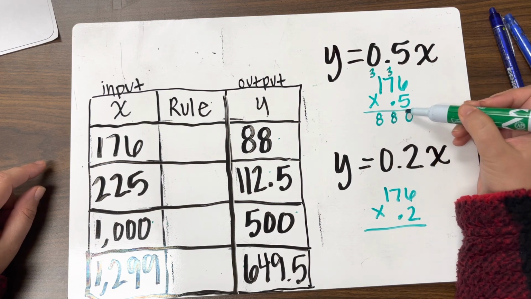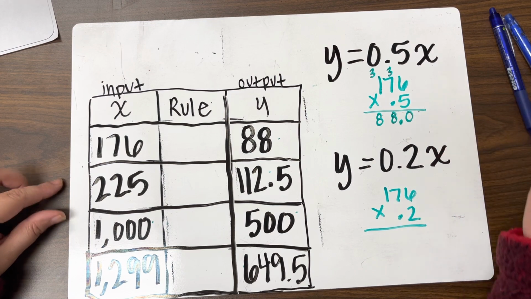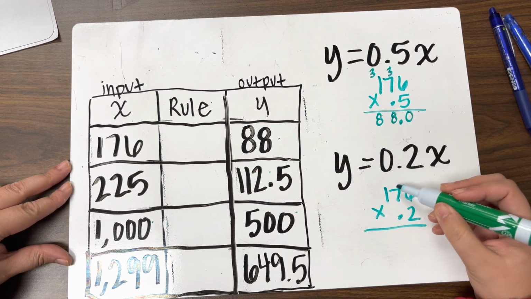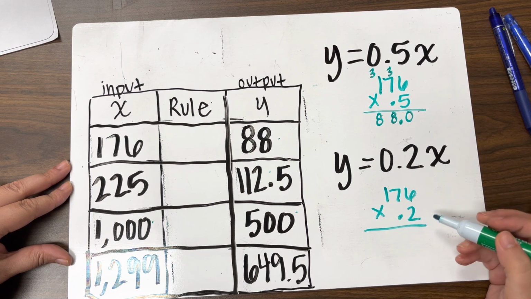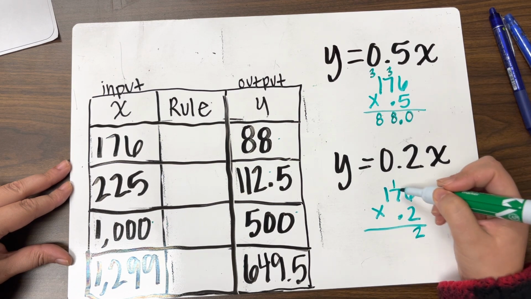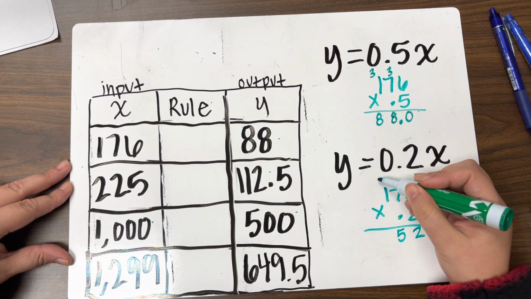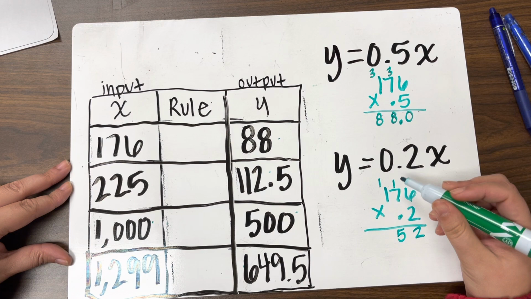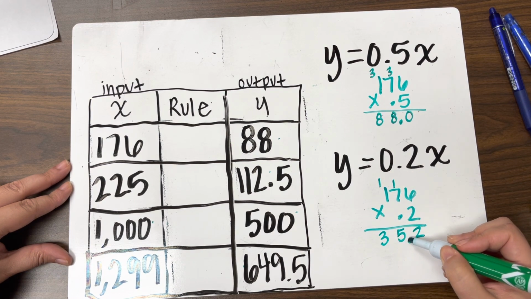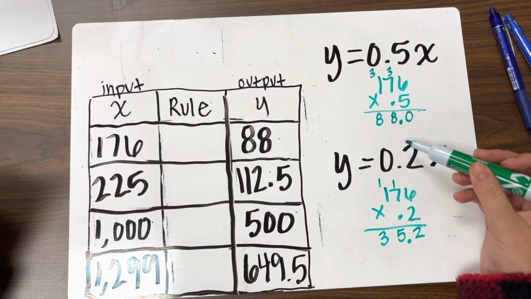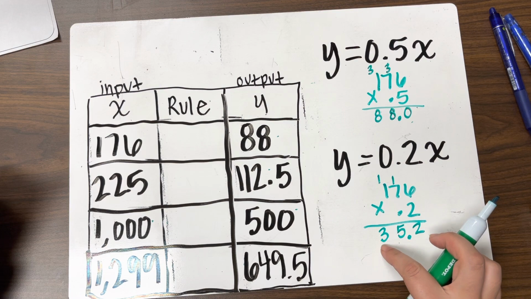So again, don't forget we got to put our decimal back over one time. So we're going to put it right here. Then we have 176 times 0.2. So 2 times 6 is 12. Carry the 1. 2 times 7 is 14. Plus 1 is 15. Carry the 1. 2 times 1 is 2. Plus 1 is 3. And again, we move our decimal over once. So we get 88 here. And then 35 and 2/10 here.